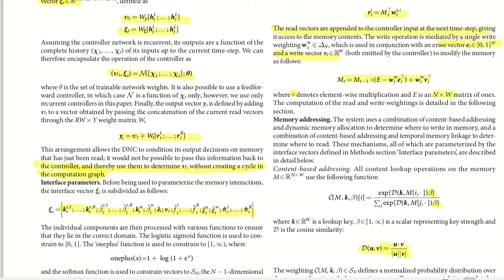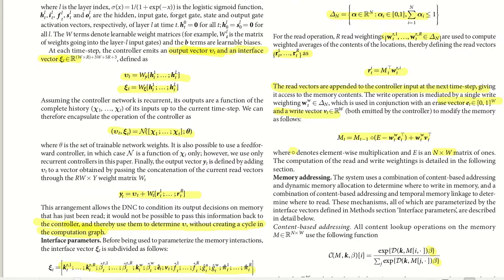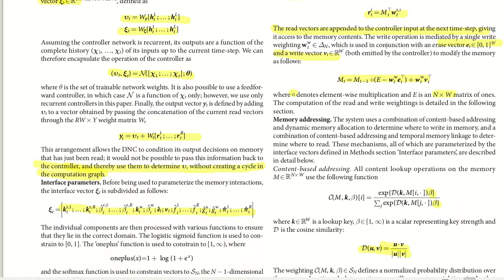One thing to notice here is that the read vectors are always a result of the memory being read by the interface vector at time t-1. So by using the interface vector at time t-1, you get the read vector at time t, so you always get them at the next time step.